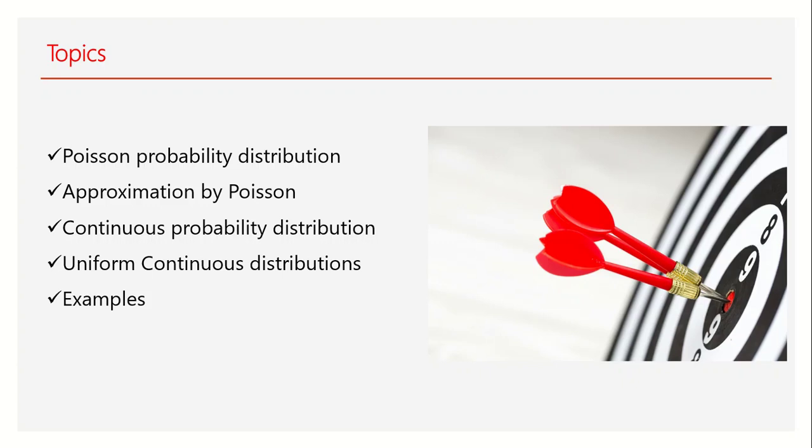After that, we will recap all the types of discrete distribution in one diagram, and we will give you one comprehensive example to have all types of distribution in that example as well. And after that, if we have time, we will discuss the continuous probability distribution and the uniform continuous distribution as well. So let us take a look at that example at the beginning of this lecture.